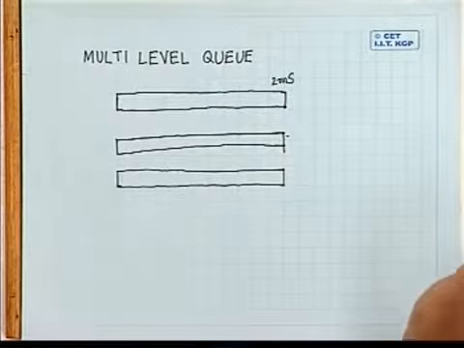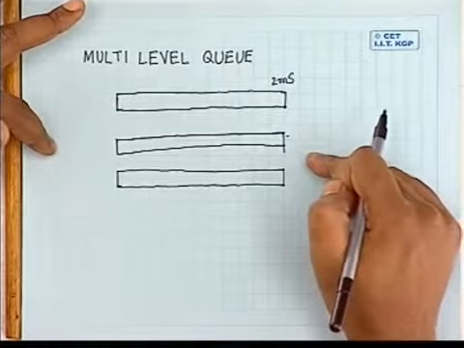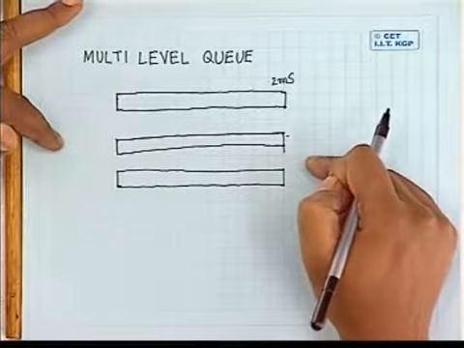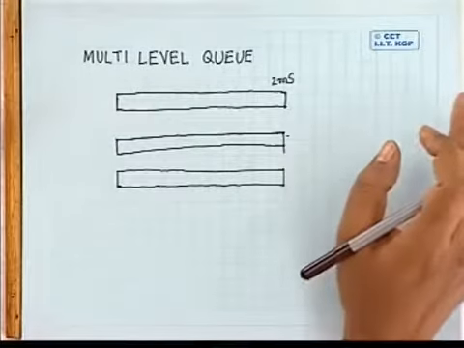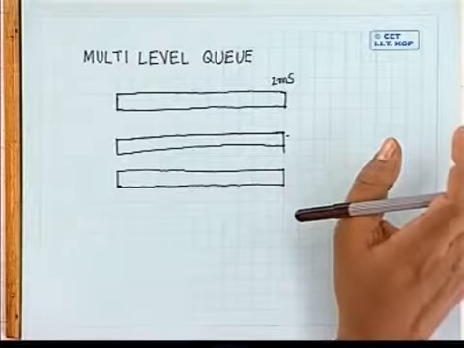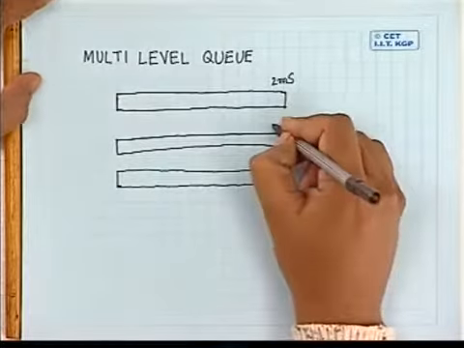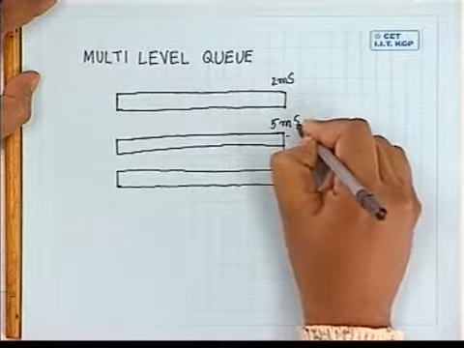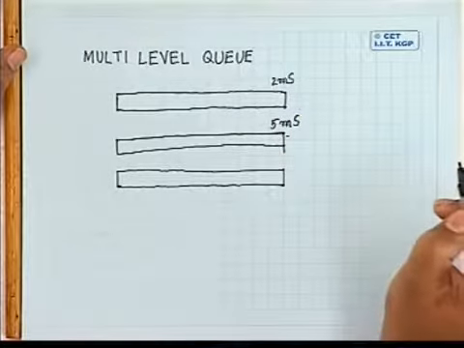The second ready queue may contain the jobs whose CPU burst requirement is greater than 2 milliseconds but less than or equal to 5 milliseconds.